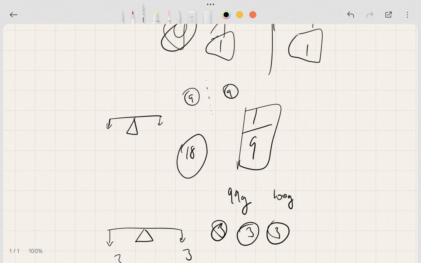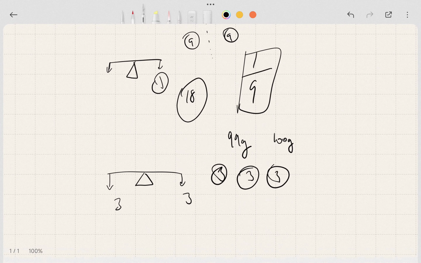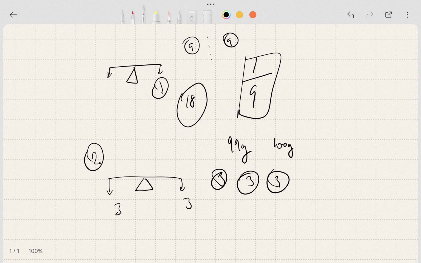We've done the first test, and this is the second test. If you do 3 sets of 3, there are 2 possibilities. One is that the two sets of 3 have the same weight, which means the defective piece is in the other set of 3. Alternatively, if there is an imbalance on the balance, we would say that the defective piece is in the lighter set of 3.